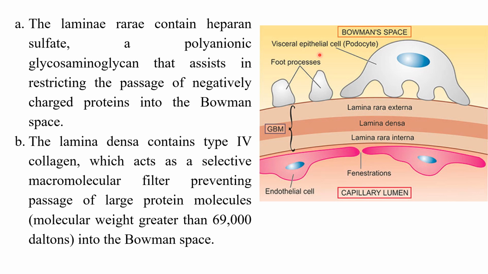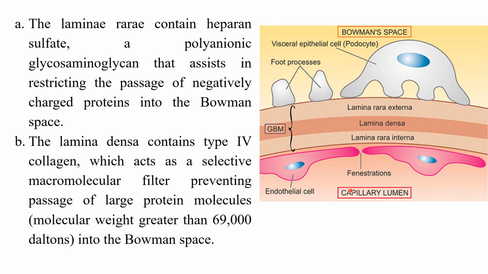The lamina densa contains type 4 collagen, so this layer acts as a selective macromolecular filter, preventing the passage of large protein molecules, the protein molecules with molecular weight more than 69,000 daltons, into the Bowman space.